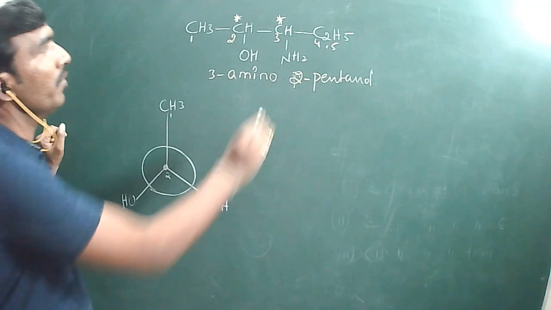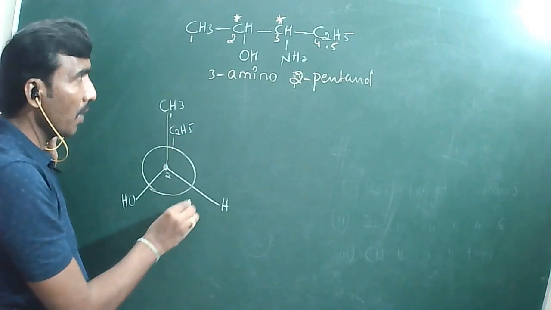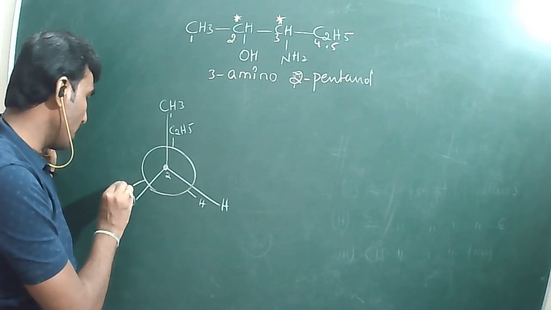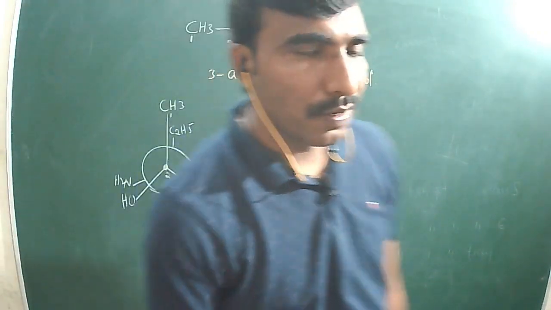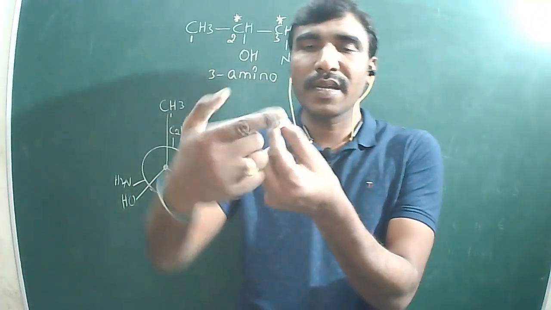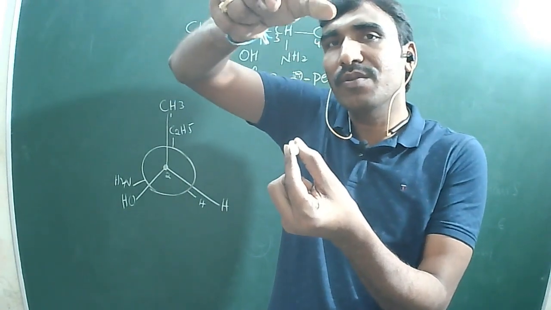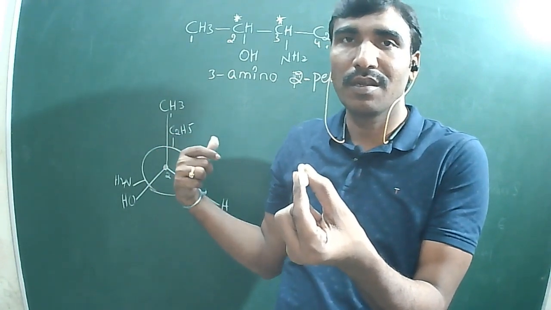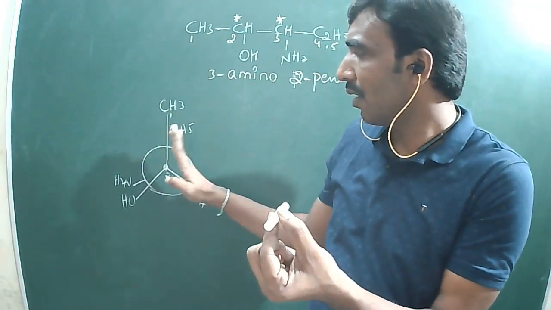It is attached with one C2H5, one hydrogen and one NH2 group. Do you understand, all of you? Actually the second carbon's CH3 and here C2H5 both lie on the same line, so you cannot see exactly what is behind this group. So to show it slightly, I have written it slightly to the left side.